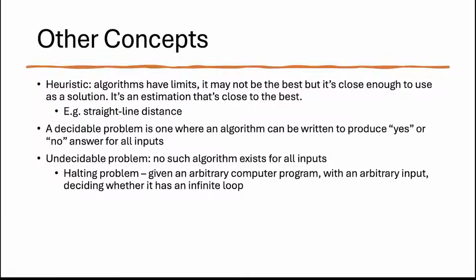So that's the very famous halting problem in computer science, where given an arbitrary computer program with an arbitrary input, deciding whether it has an infinite loop. So this is undecidable.